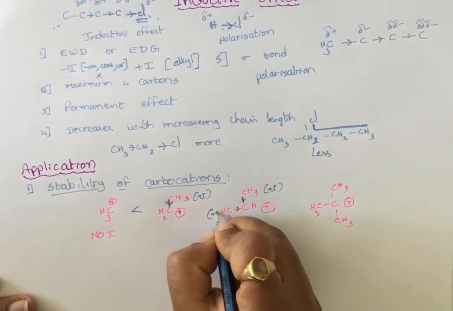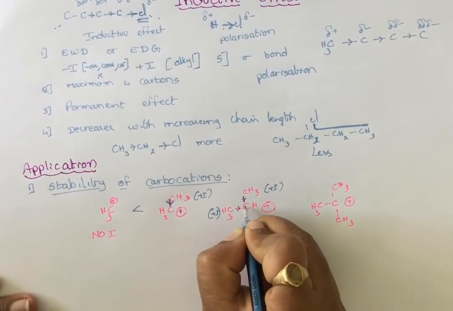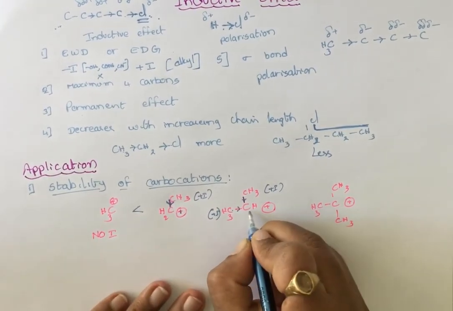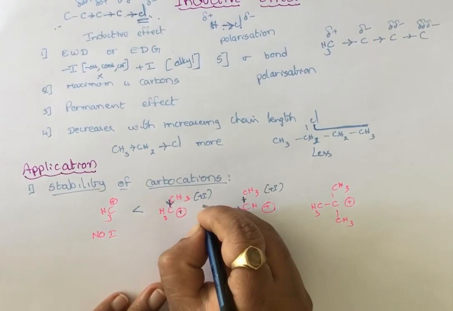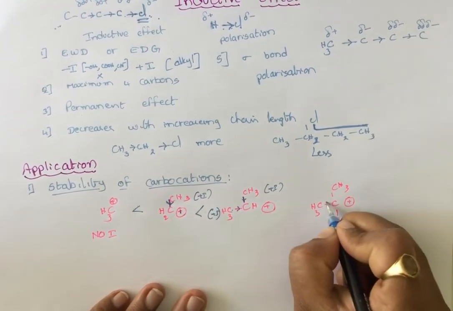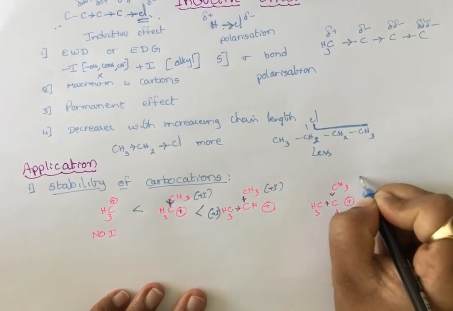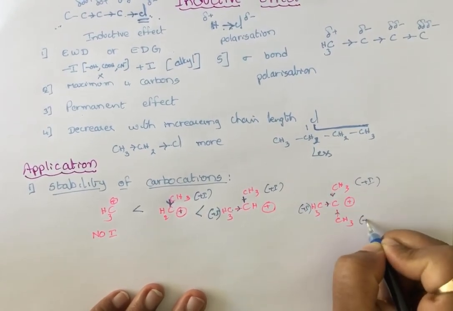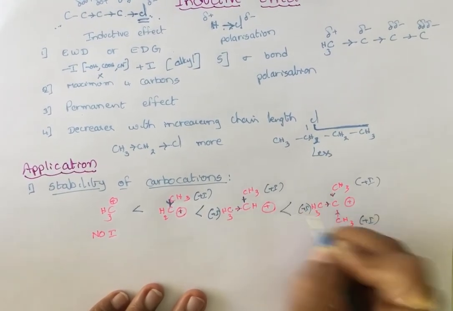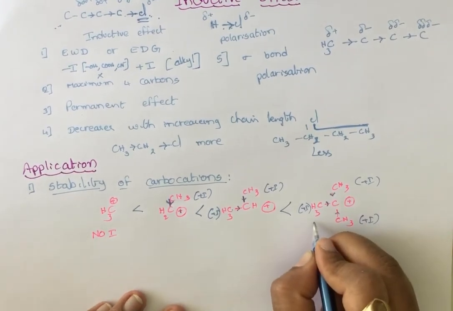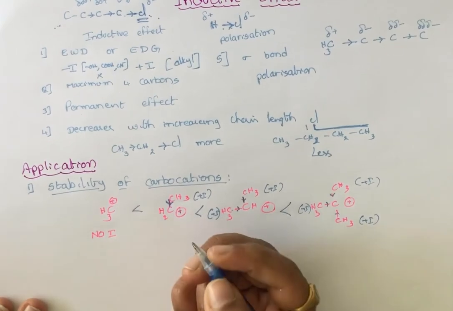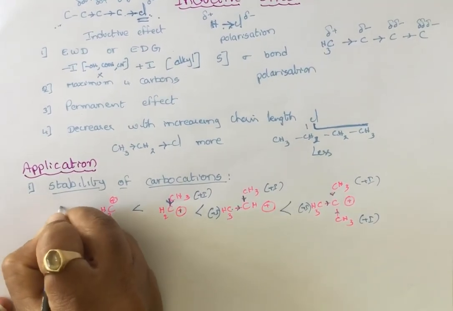Further, more electron density comes onto the electron deficient carbon, so the stability increases. And in this case, there are three plus I groups, so the stability increases further. So the order of stability will be tertiary, followed by secondary, followed by primary, and followed by methyl.